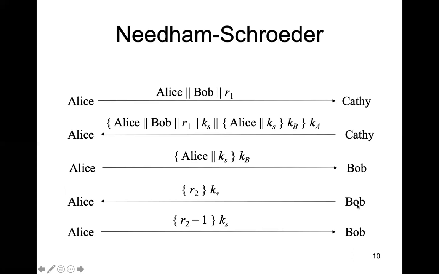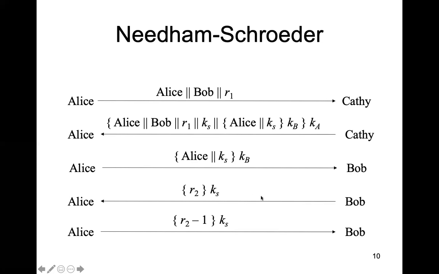So what Bob does is that he generates this random number R2, which is this nonce, encrypts this with this key KS and sends it over to Alice. This is called a challenge. Now in response to this challenge, Alice responds back to Bob with some predetermined function applied to R2.